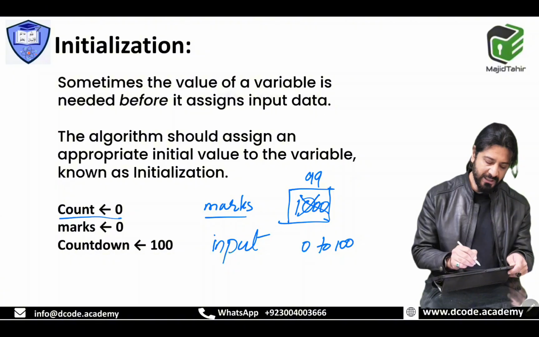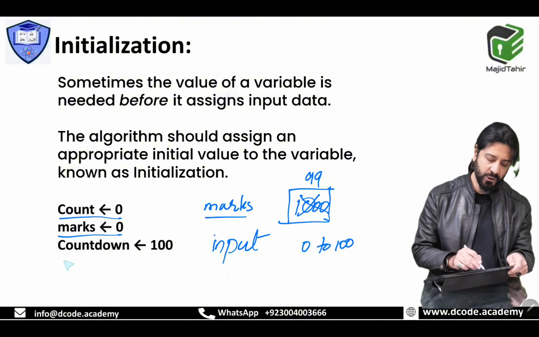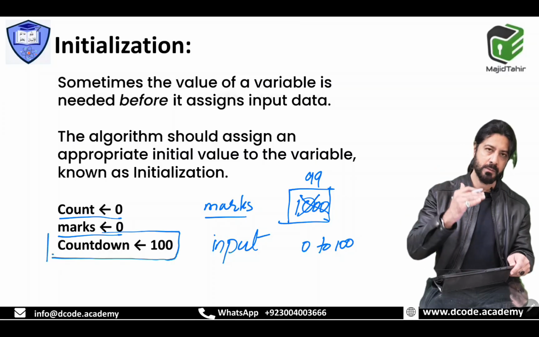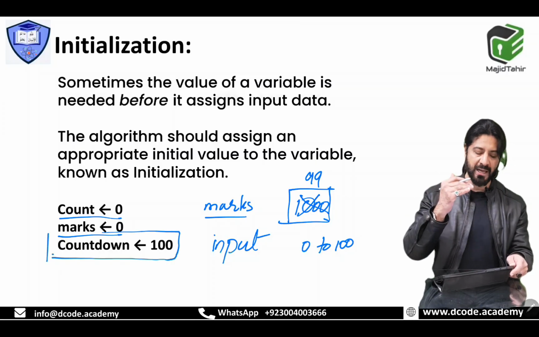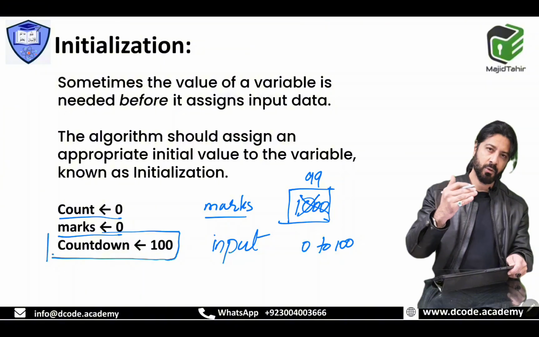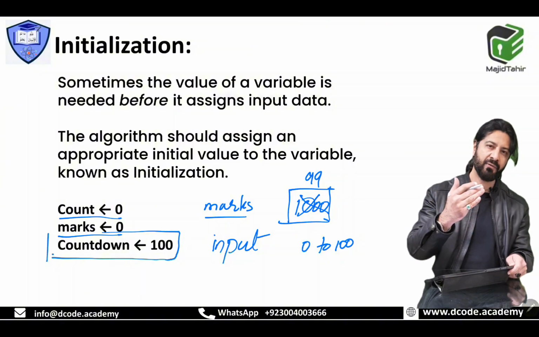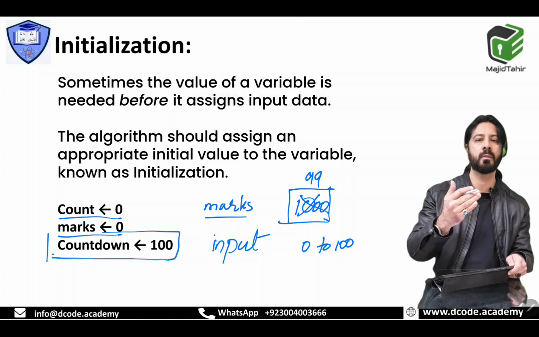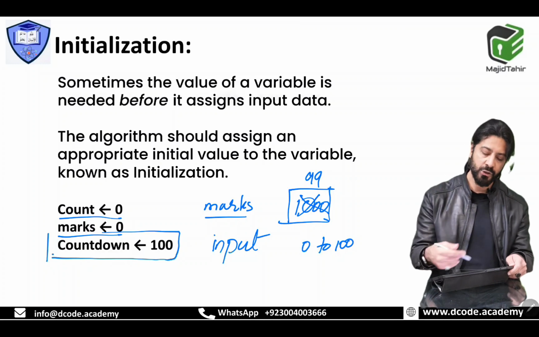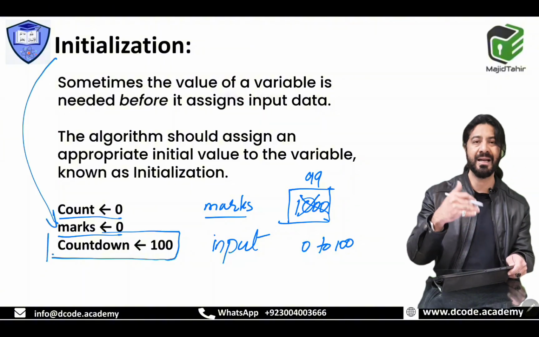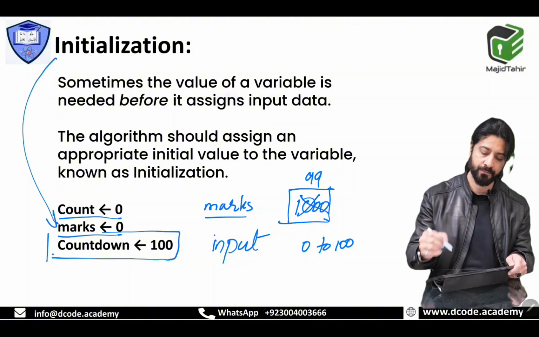So count is initialized with 0, marks is initialized with 0. You can also initialize a variable with some bigger value. For example, countdown, you're using a variable to count down something. So countdown will have a value of 100 and later on you subtract some value, every time it counts down, it subtracts 1 from it. So countdown can be used like that. So initialization is basically you initialize a variable with an initial value.